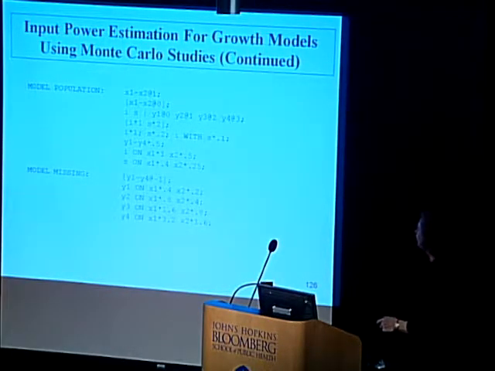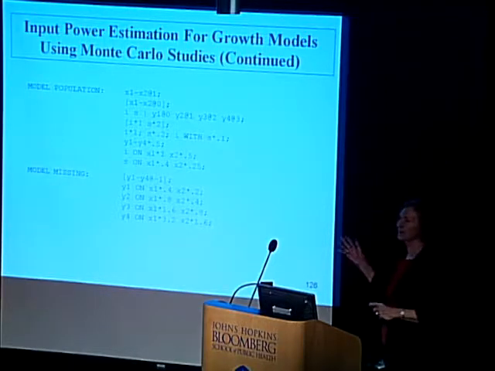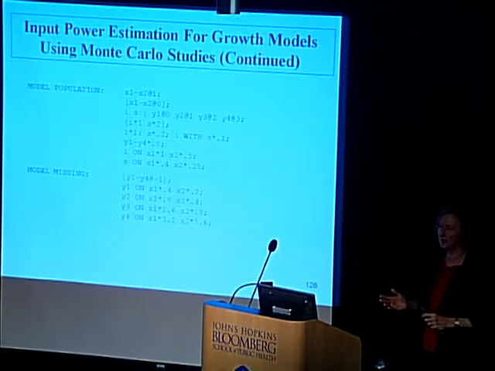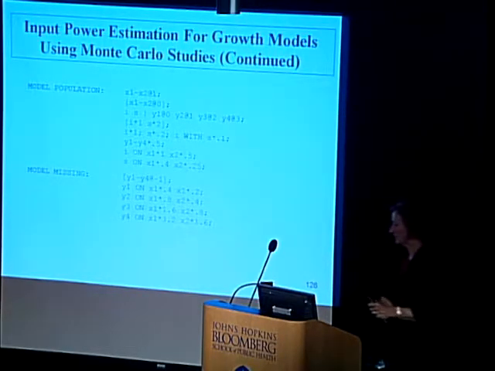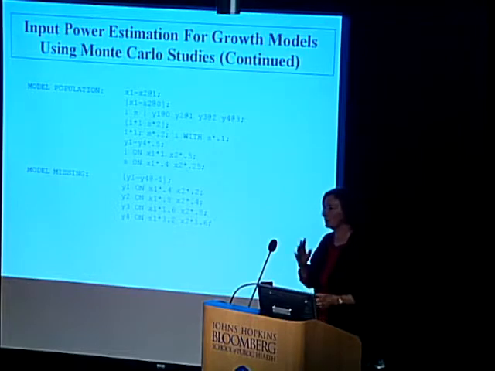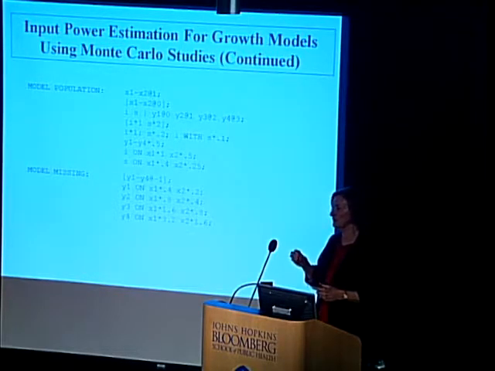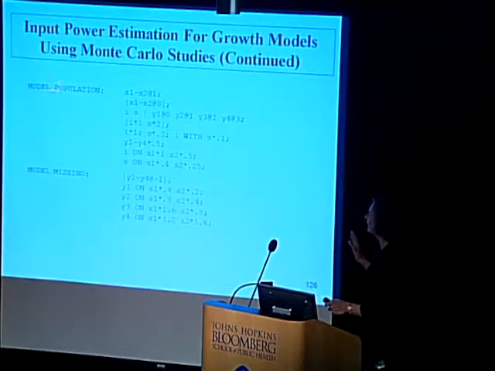And just an aside, I mentioned, I think yesterday, that we have this new option in Mplus where all of the input statements can be provided to you with starting values that are the ending values of your analysis. That'd be a perfect way to get model population.